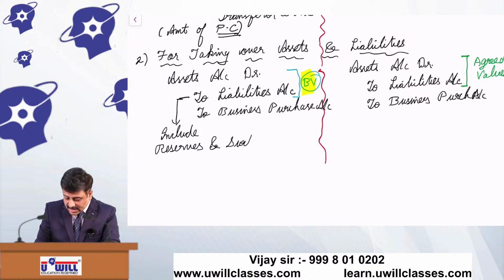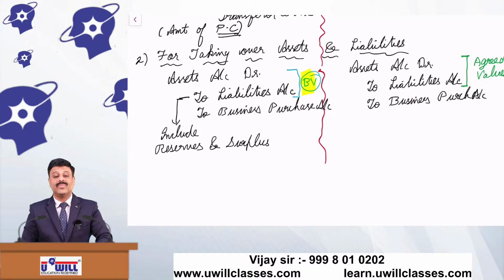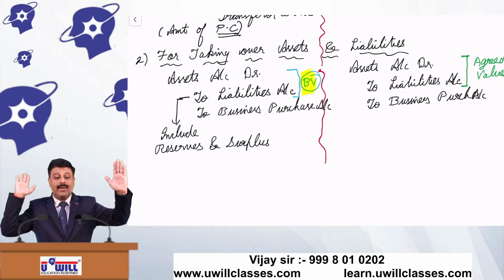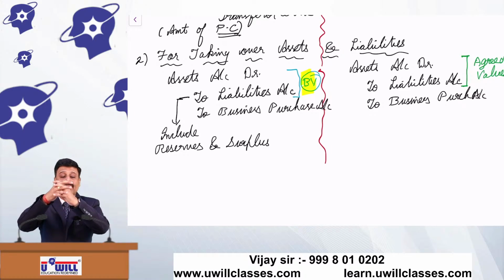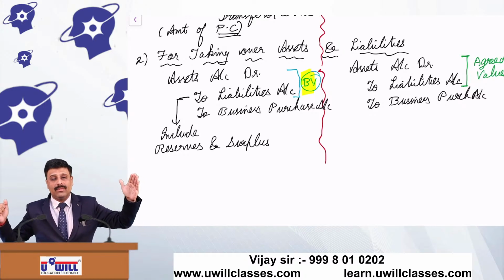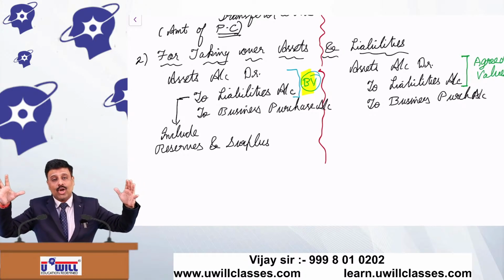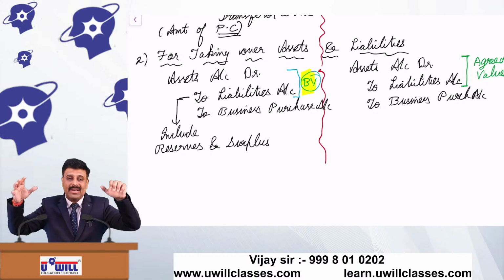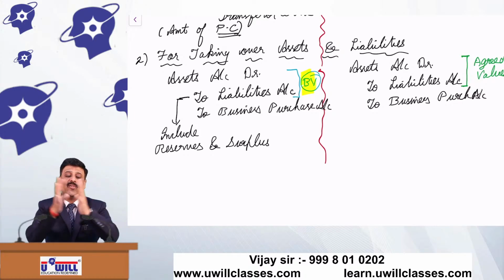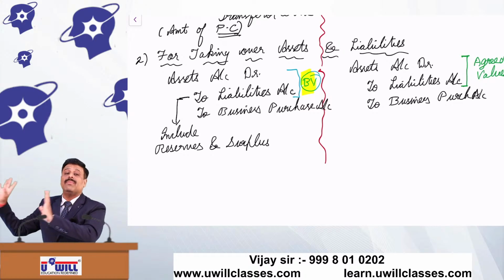All the kinds of reserves and surplus also, if it is pooling of interest method. So A limited, B limited forming AB limited. If A limited has general reserve, B limited has profit and loss account credit balance, A limited has security premium, B limited has capital reserve, all the four will be shown in the books of AB limited.